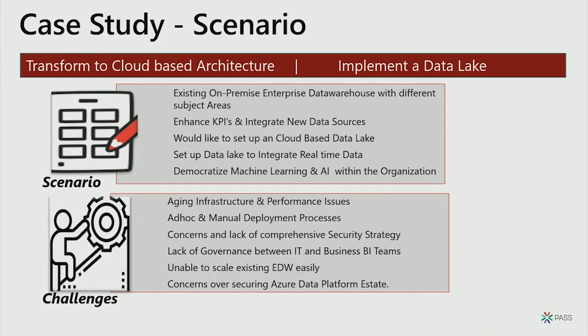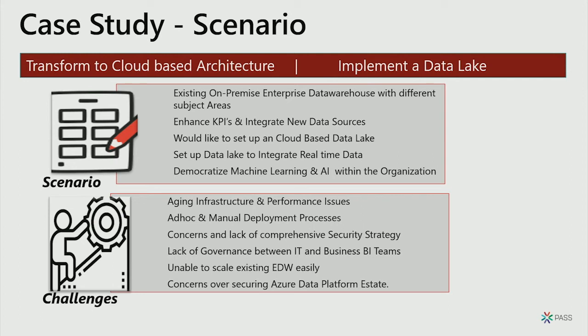So this is a case study scenario. Let's take a very small on-premise enterprise data warehouse. They have different subject areas like sales and finance, and they have a certain set of KPIs, but they want to integrate more subject areas or create new business intelligence KPIs across the different subject areas.